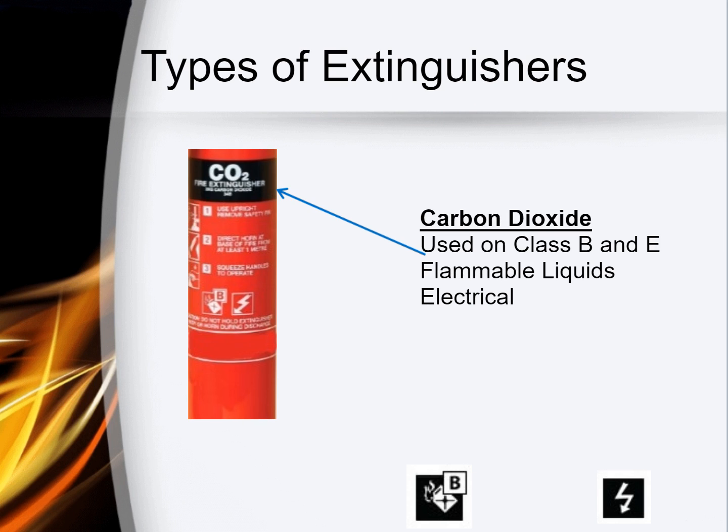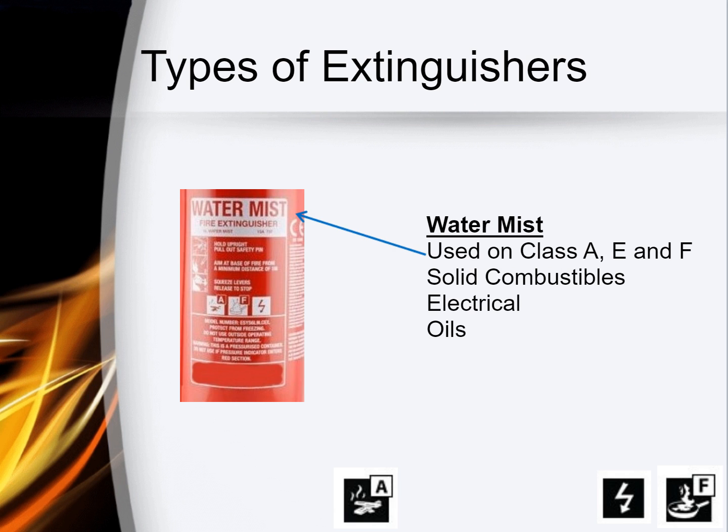A carbon dioxide extinguisher can be used on flammable liquids and electrical fires. A water mist extinguisher can be used on solid combustibles, electrical and oil fires.